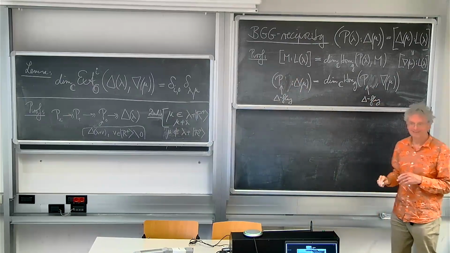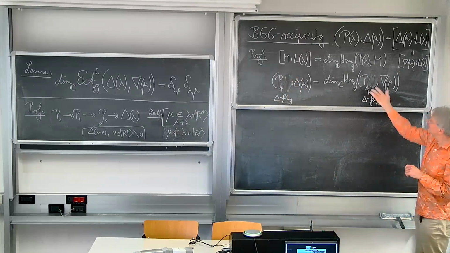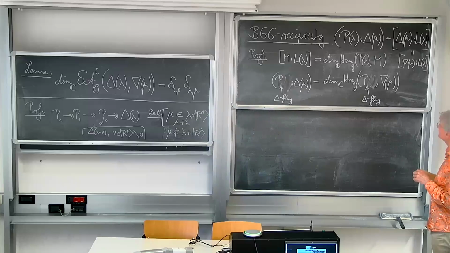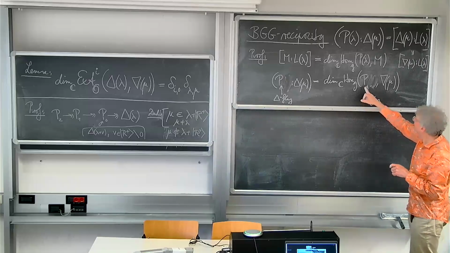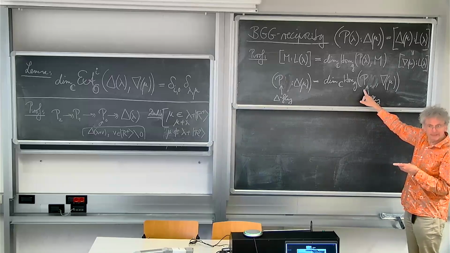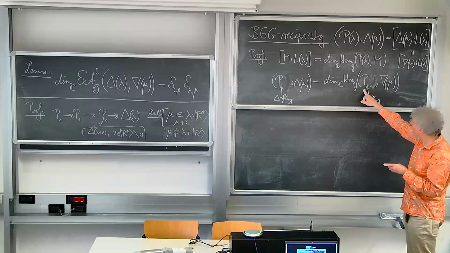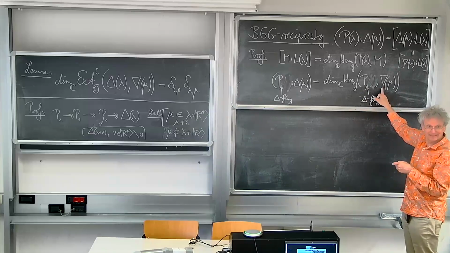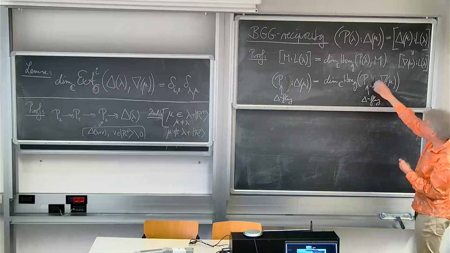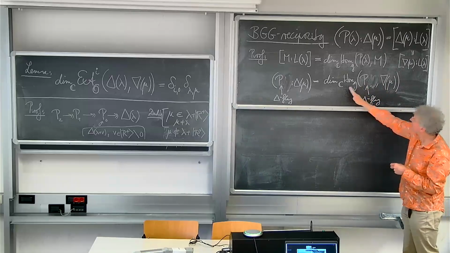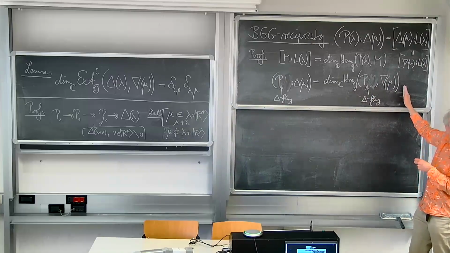Yeah, I'm trying to prove this for any module with a delta flag. But see, now I can make induction on the delta flag because there is no Ext between delta and nabla. So if I split off a delta here, I will get a short exact sequence of homomorphisms.